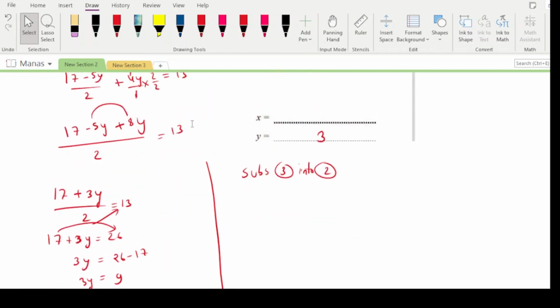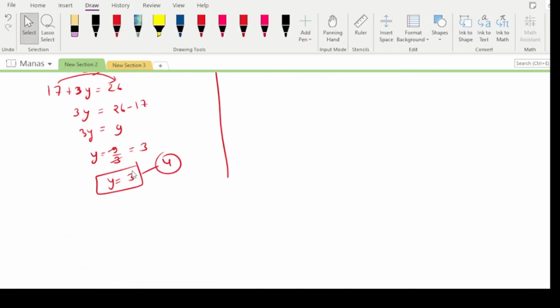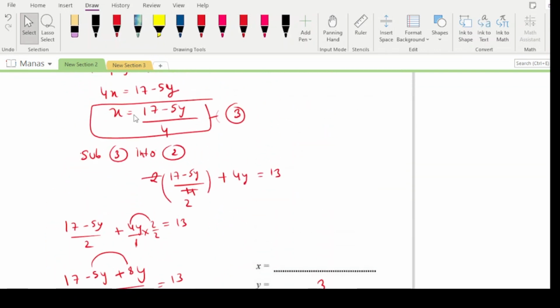Sorry, I wrote it wrong. So just a minute. Substitute fourth into third. This is my fourth equation, y equals 3, and this is my third equation.